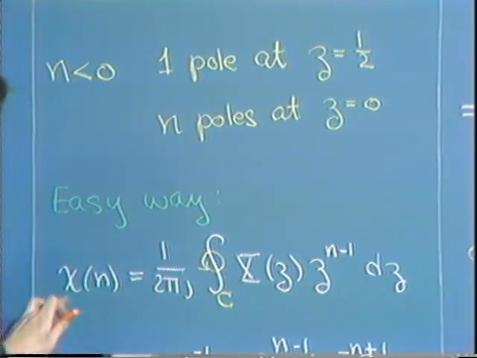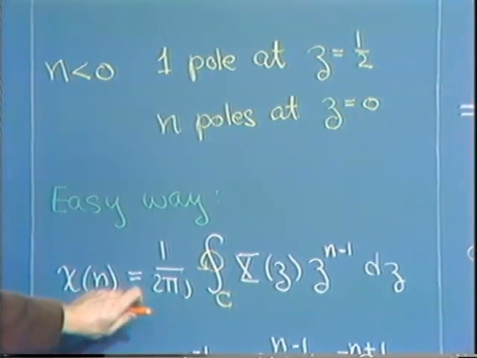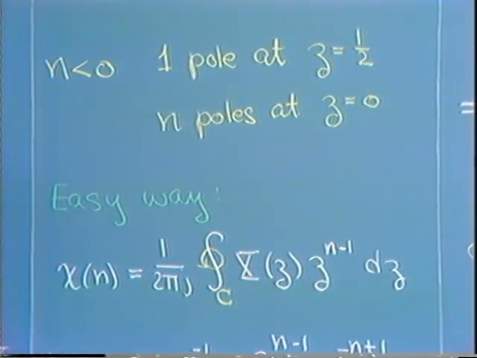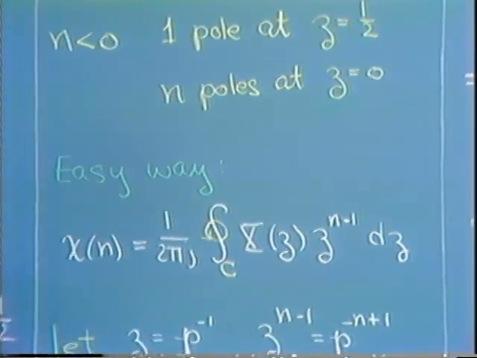Here we have, again, the inverse Z transform. x[n] is 1 over 2 pi j times this contour integral. And let's simply make a substitution of variables.